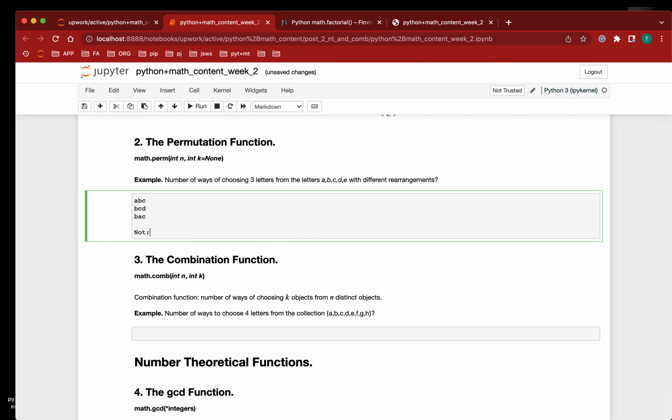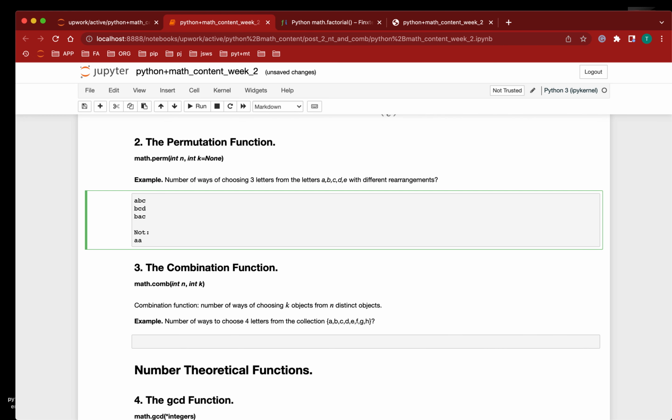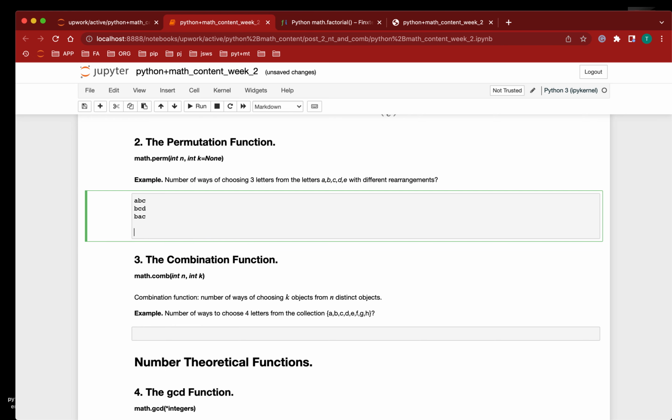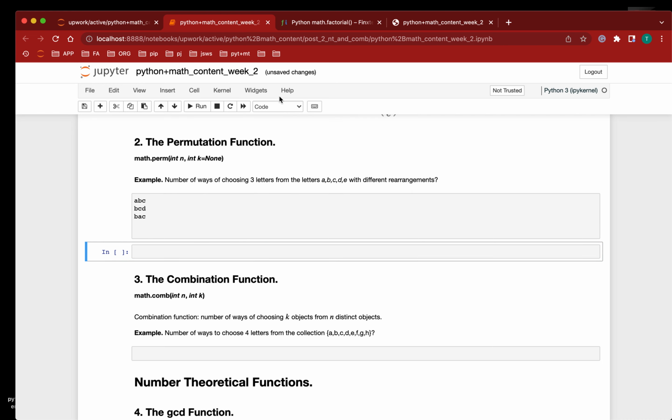You cannot do things like AAB because you cannot choose the same letter twice. Okay, and you can see that this problem is distinctly similar to a problem we've seen before in the factorial section.